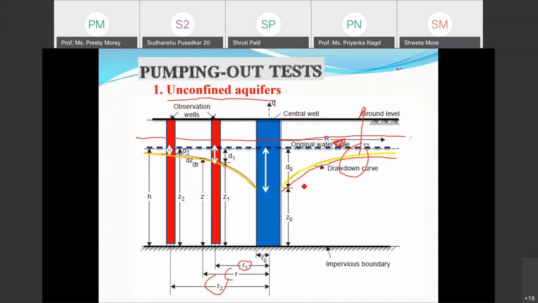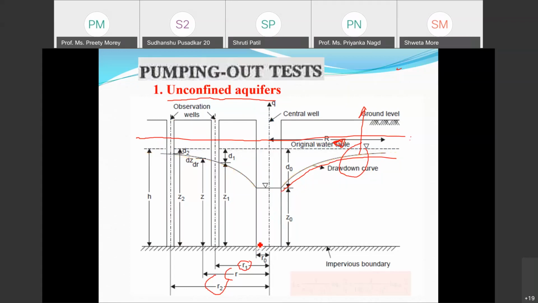This drawdown curve indicates the water level after the removal of water, and it becomes constant at that particular time. If I get these radii and distances, I will be able to get the coefficient of permeability from this equation: K is equal to Q upon pi (Z2 square minus Z1 square) log e of R2 upon R1. This is based upon log e. If I convert into log 10, it is another equation. So this is the simple unconfined case.